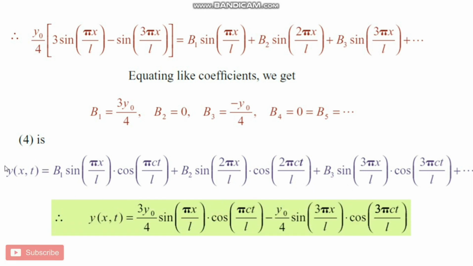In the resultant displacement of the string, we have obtained two non-zero terms and the rest of them are zeros, except b1 and b3, all come together 0. b1 is now replaced with 3y naught by 4 sine of πx/L cosine πct/L, and b3 whose coefficient is negative y naught by 4 sine of 3πx/L cosine 3πct/L, which is the required displacement of a slightly stretched string.